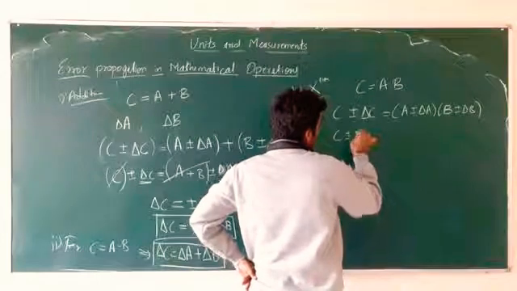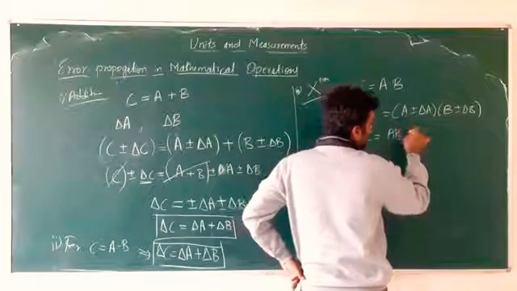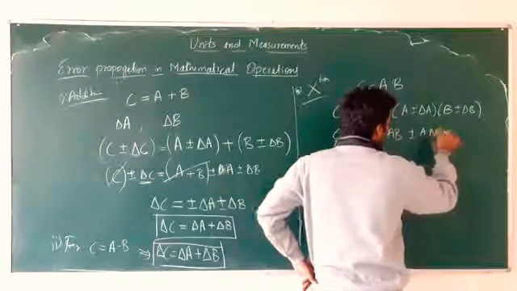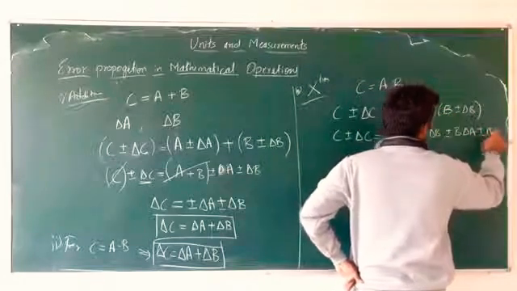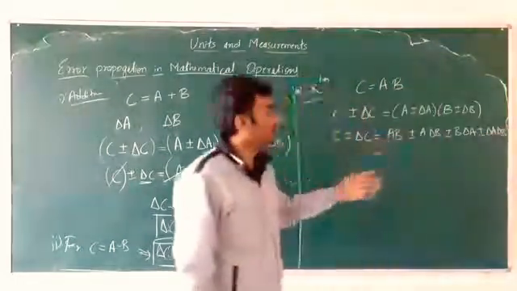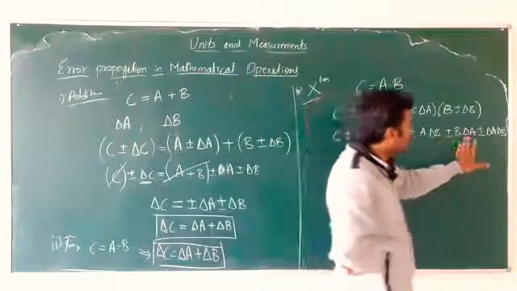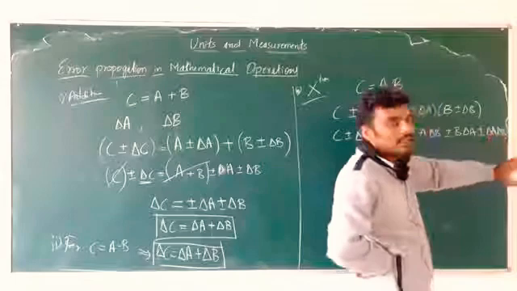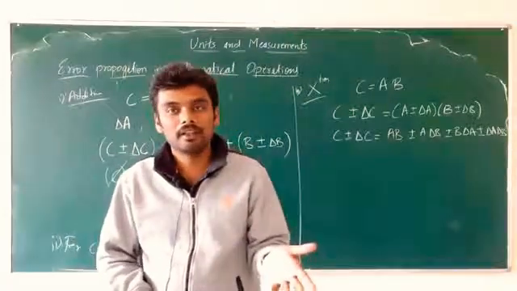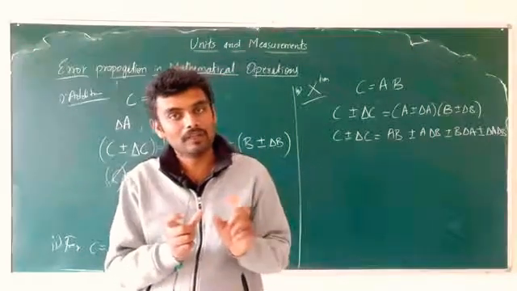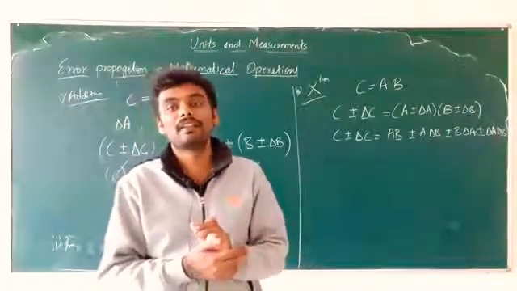And now here we have C plus or minus delta C is equal to, let me multiply them, A into B, AB, plus or minus A into delta B, plus or minus delta A into B, which I can call B into delta A, and plus or minus delta A delta B. This is the expanded form of the equation. Now look at the quantity delta A delta B. Delta A is the small error in A, delta B is again a small error in B. So both are small quantities, and the product of two small quantities will be a very small value.